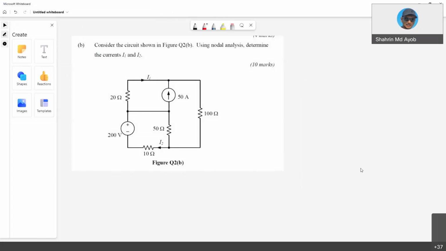Consider the circuit shown in figure Q2B. This one is from your previous final exam. Using nodal analysis, determine the current I1 and I2. Has anybody already done this question?